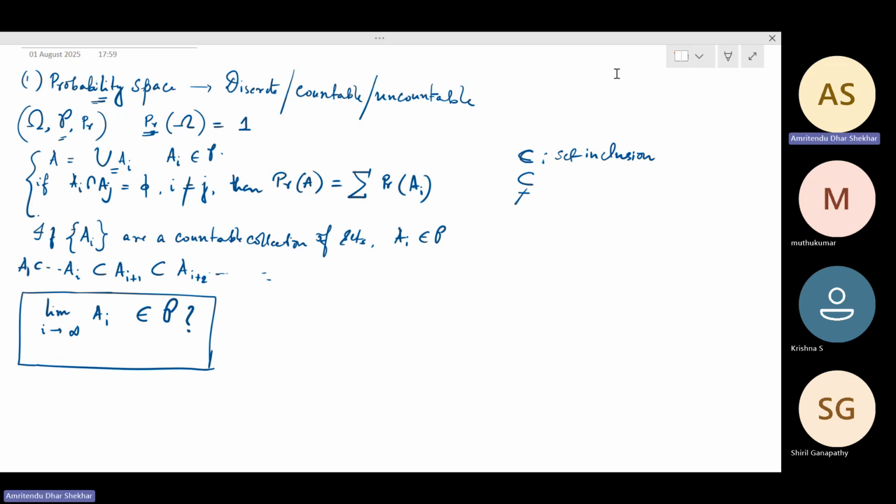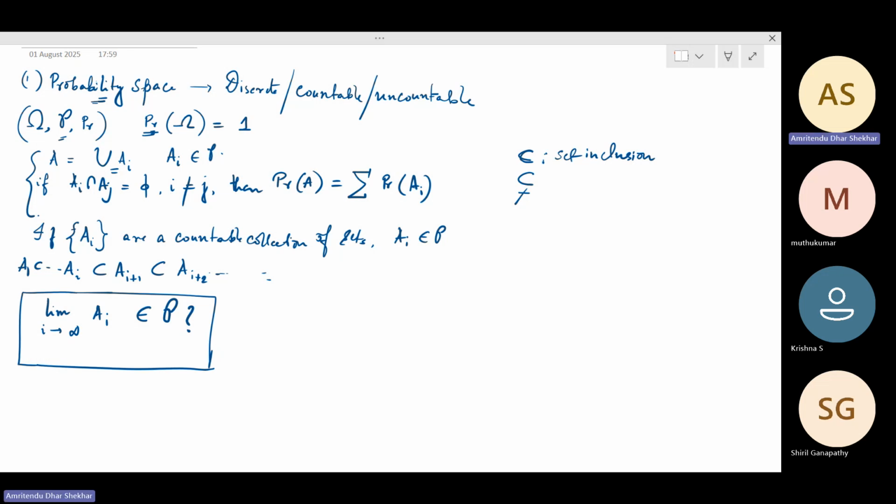In a lot of these discrete probability spaces, you do not have to worry about limits. But when you work with probability spaces which are over real numbers, or in general uncountable spaces, then limits are very important in probability.